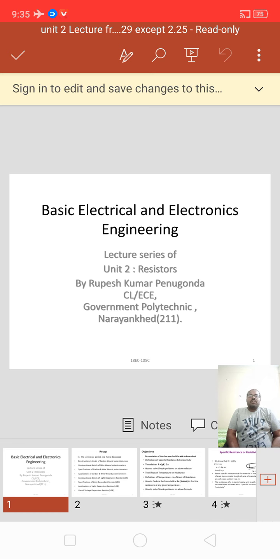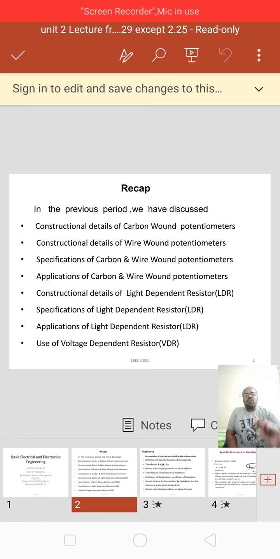The topics covered in before lectures are as follows: constructional details of carbon wound potentiometers, constructional details of wire wound potentiometers, specifications of carbon and wire wound potentiometers, applications of carbon and wire wound potentiometers, constructional details of light dependent resistors LDRs, specifications of light dependent resistor LDR, applications of light dependent resistor LDR, use of voltage dependent resistor VDR.